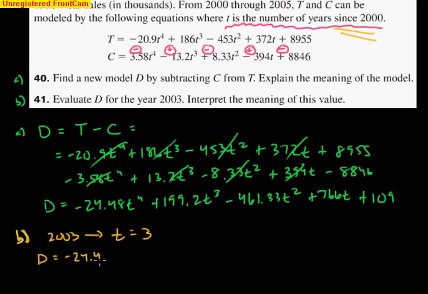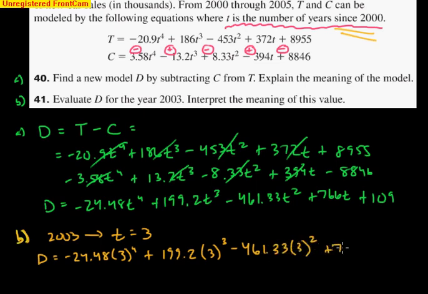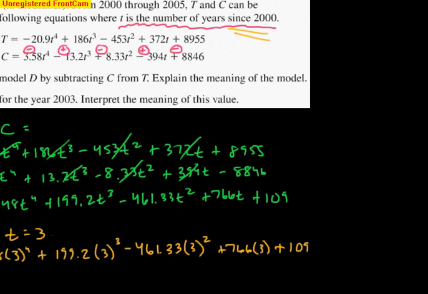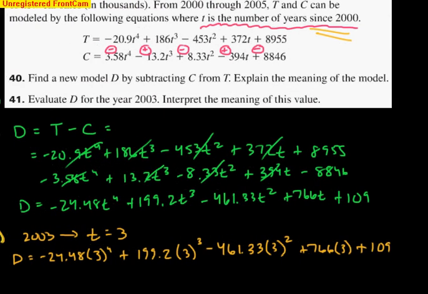D equals negative 24.48 times 3 to the fourth plus 199.2 times 3 cubed. Minus 461.33 times 3 squared plus 766 times 3 plus 109. And I'm actually going to scroll to the right and type all that in.